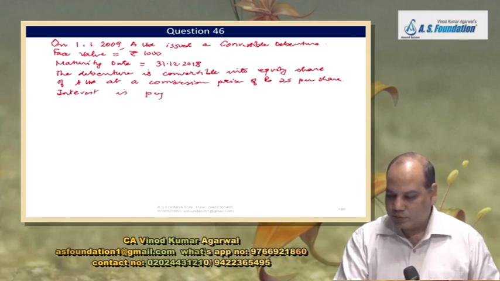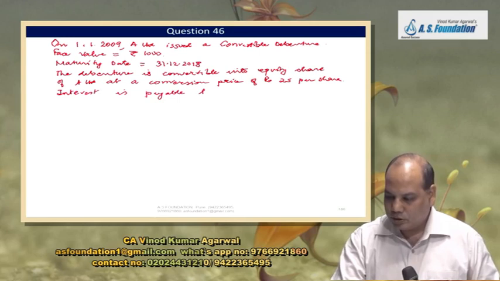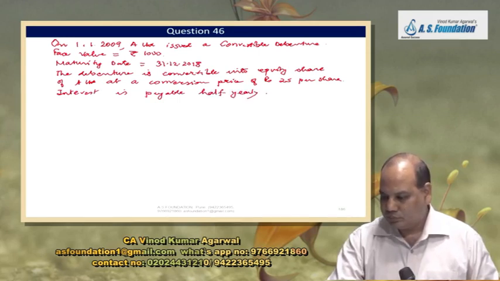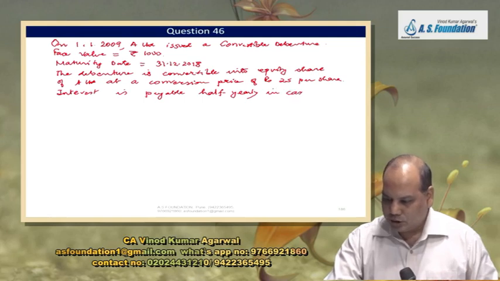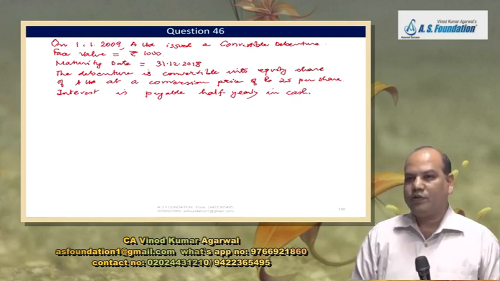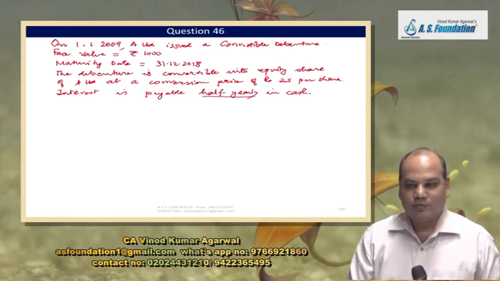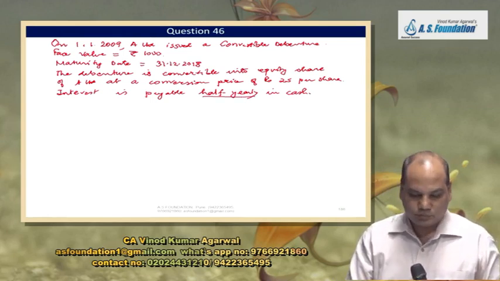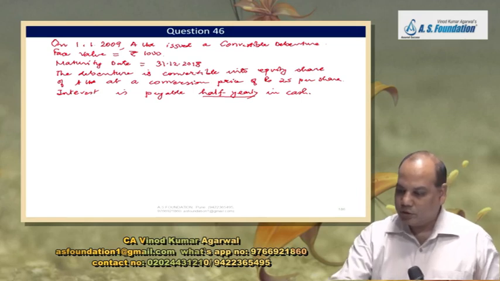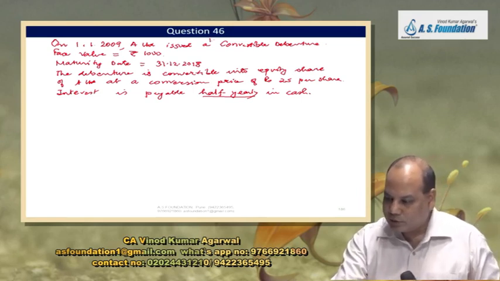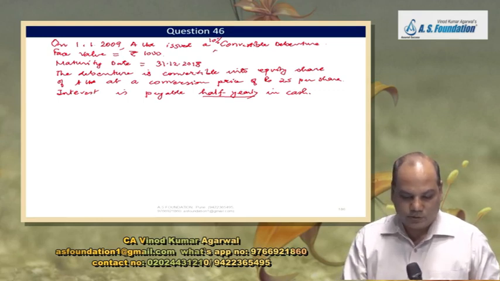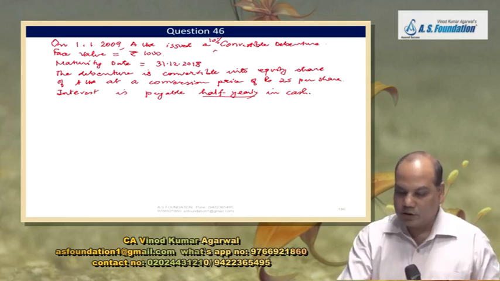Interest is payable half yearly in cash. Every 6 months they are going to pay interest. Half yearly, underline, be careful. Okay. A small correction: issued a 10% convertible debenture. Interest rate is 10%, half yearly in cash.